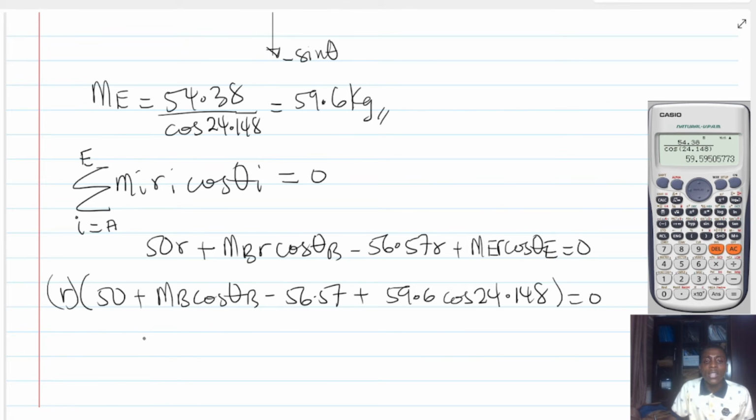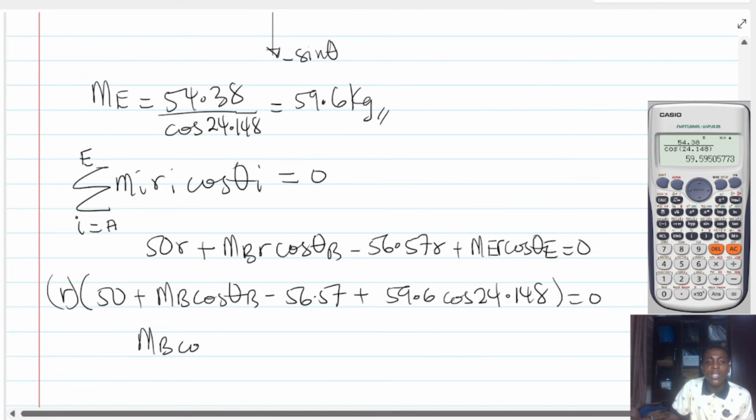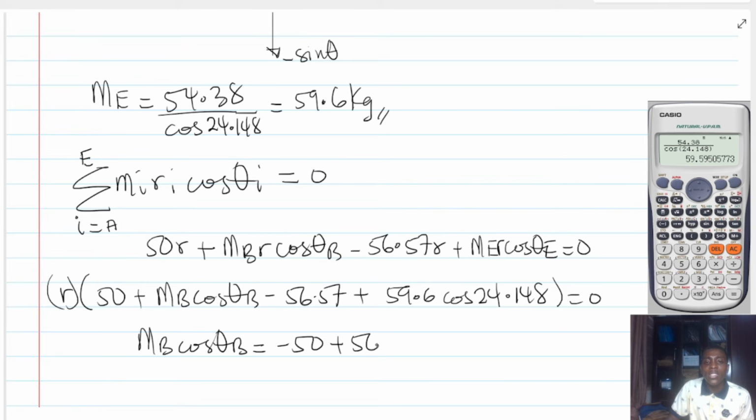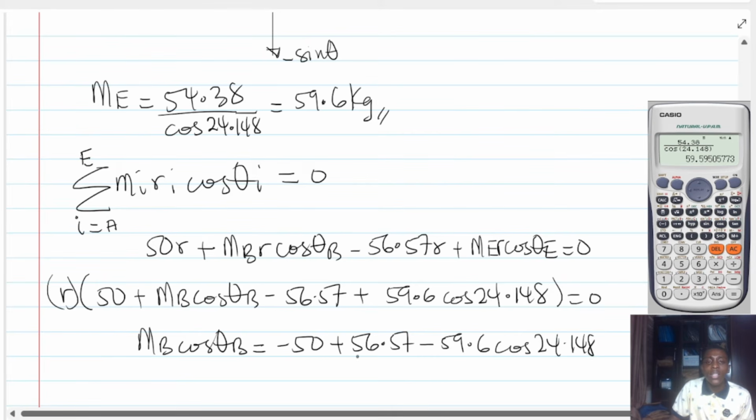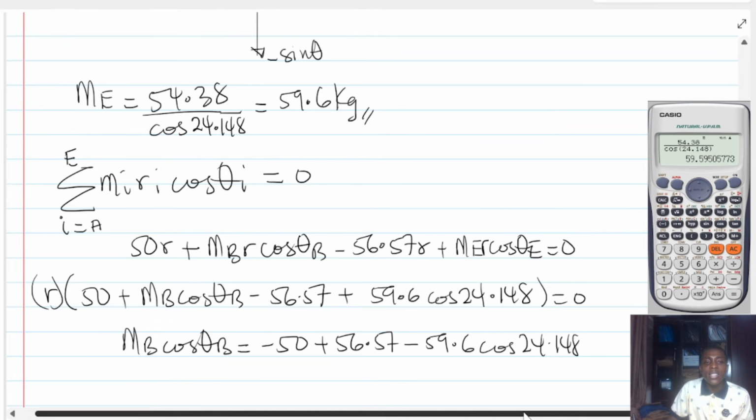Now what this means is that I can say that MB cosine theta B should be equal to what? Minus 50 plus 56.57 minus 59.6 cosine 24.148. Now, if this is the case, then I can say that my MB cosine theta B should be equal to what? Let's pick our calculators and do this.